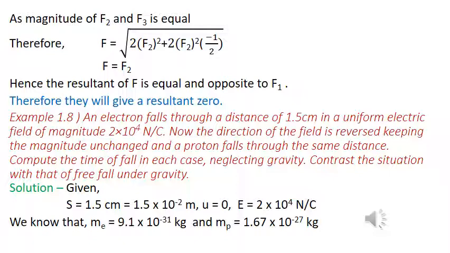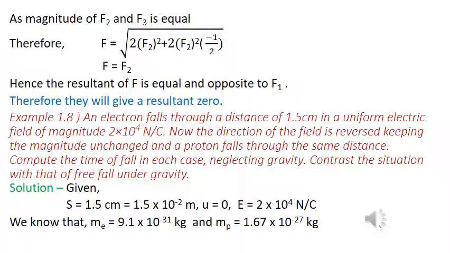Here the effect of gravity is being neglected. So in this question we have to calculate the time of fall in each case, in case of electron as well as for proton. In solution it is given that the distance traveled by each particle is 1.5 centimeter, which is 1.5 into 10 to the power minus 2 meter. The initial velocity is 0 since the two particles are falling.